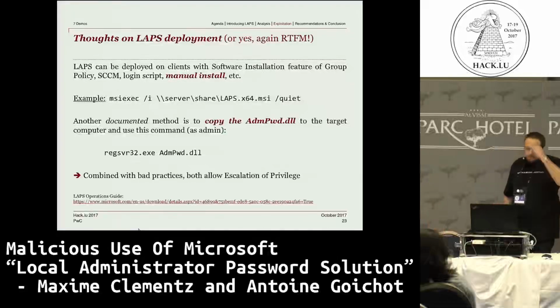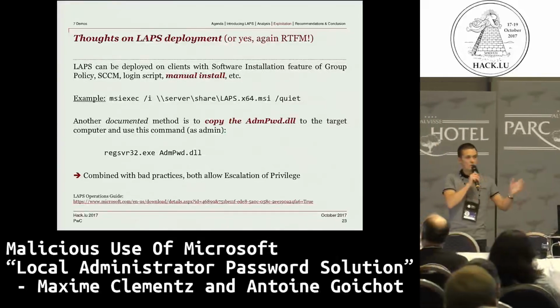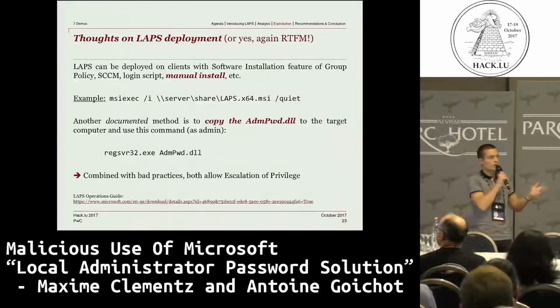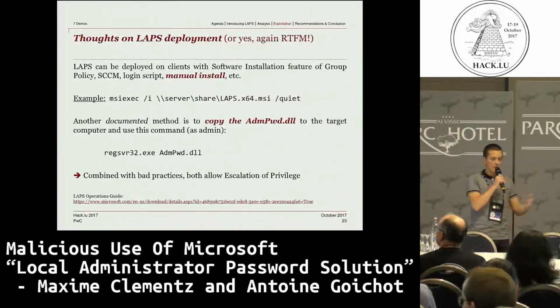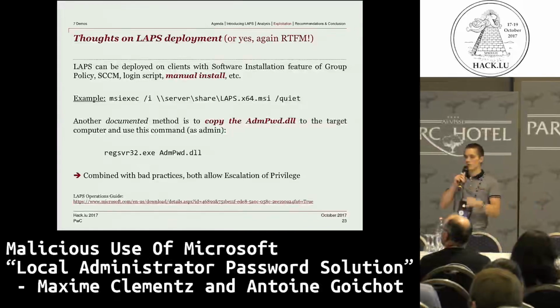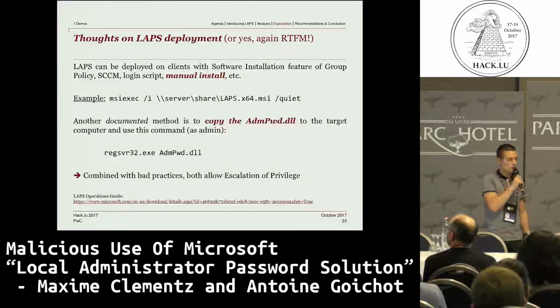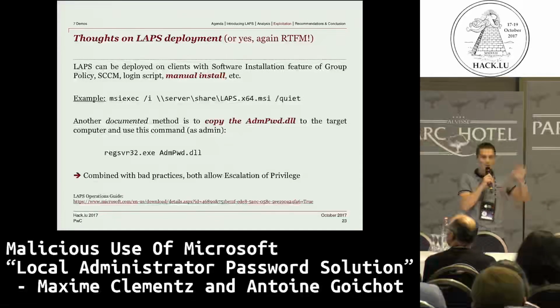So Max? Yep, thanks. So as you can see, we just replaced the official DLL with our own, which is backdoored, which we can use with many complex tricks in order to retrieve the password or to ask for the password to be changed so that we can have access to it. Of course, we can imagine plenty of other ways to do it in a more stealthy manner, but that was just for our POC, okay?